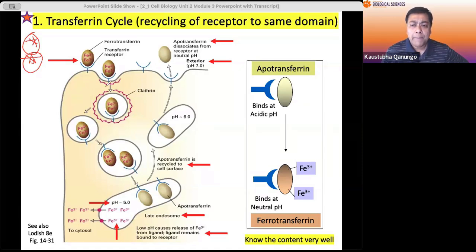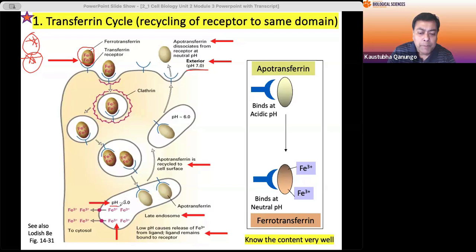So what happens is that apotransferrin, without any iron, is released into the intestinal lumen, where you have pH 7. It binds to the iron and picks up two irons. Once it picks up the iron, it binds to the transferrin receptor tightly, and it's endocytosed. Now it goes to the endosome.